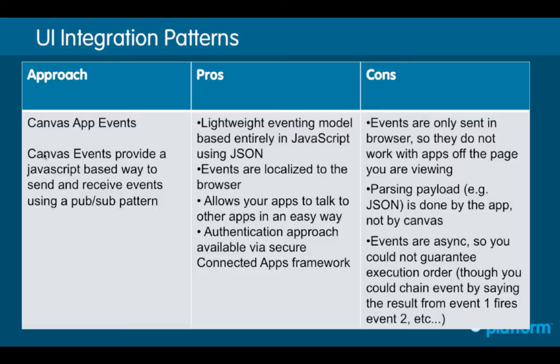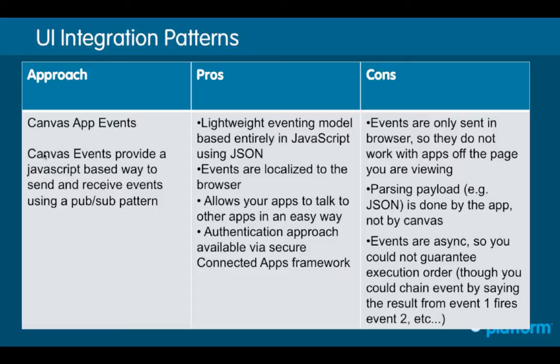So for example, you can leverage OAuth to integrate with an embedded Canvas app, and you have an authentication approach automatically, which is a very common challenge across the enterprises we deal with.